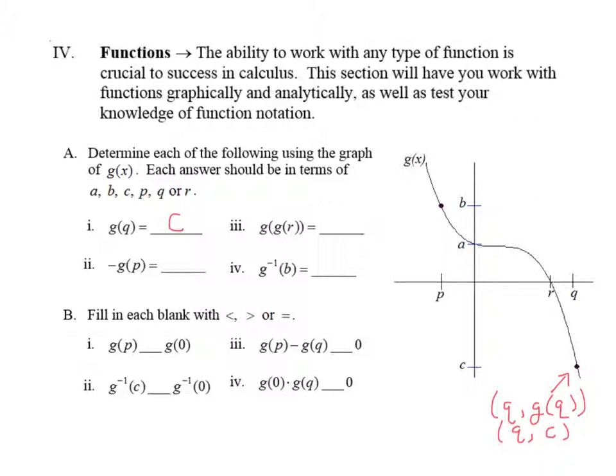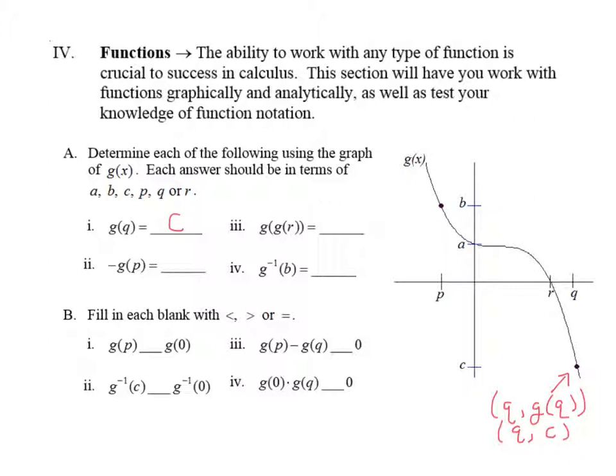And that is that when you get the inverse of a function like g, you are switching the input and the output, or you're switching the domain and the range, or you're switching the x's and the y's. Everything gets switched.